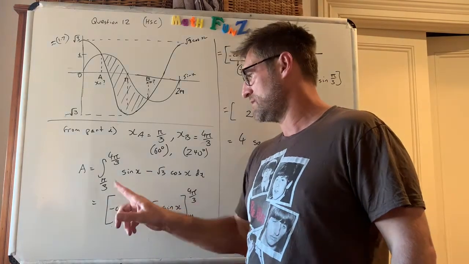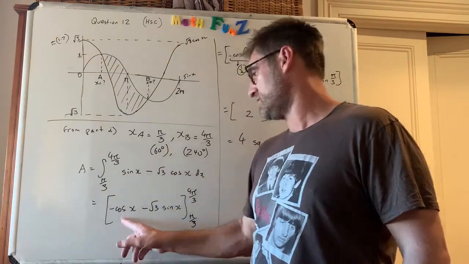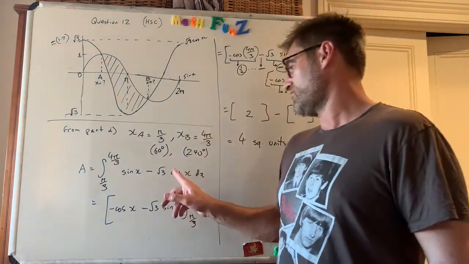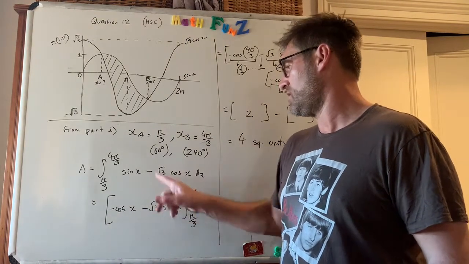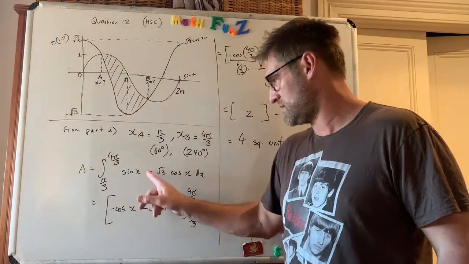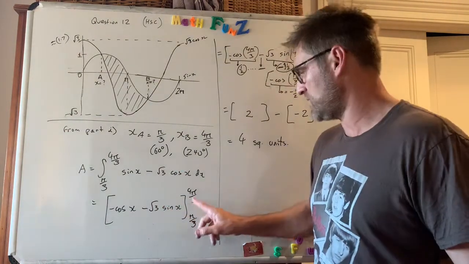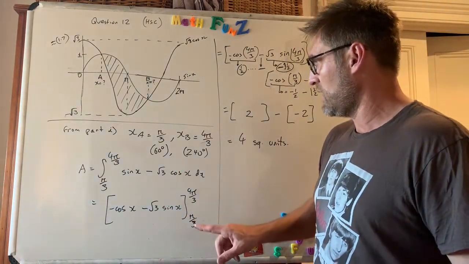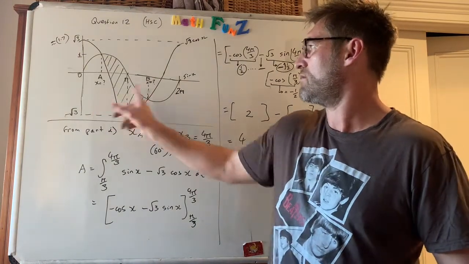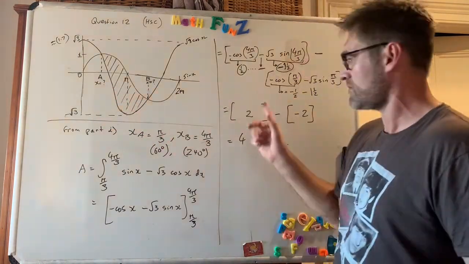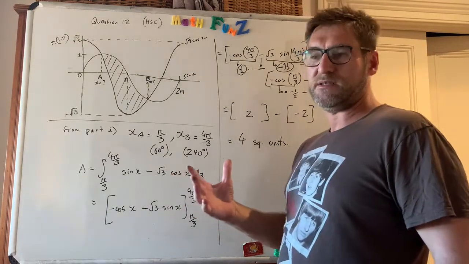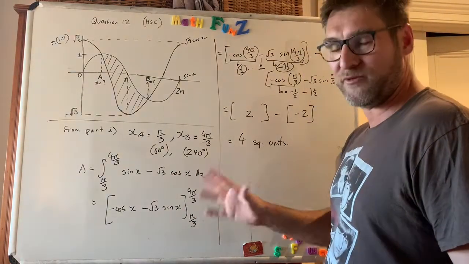The integral of sine is minus cos. The integral of cos is sine, but there's a minus on there, so that stays, minus root 3 sine, and it runs between 4 pi on 3 and pi on 3, given by our points A and B. If you haven't already seen this, this is probably the most difficult part, funnily enough.